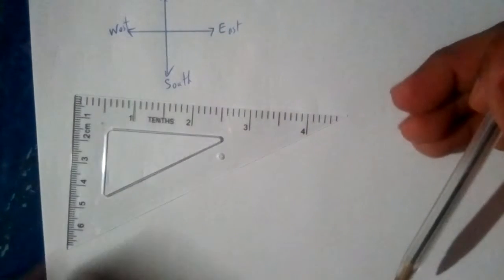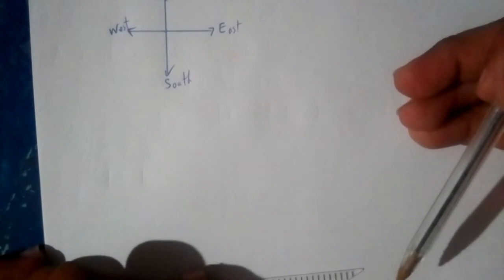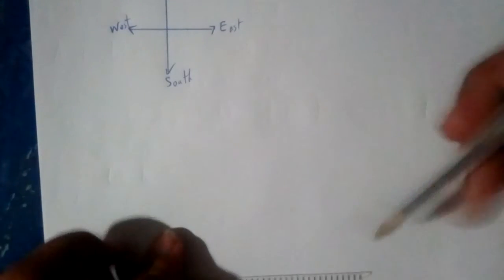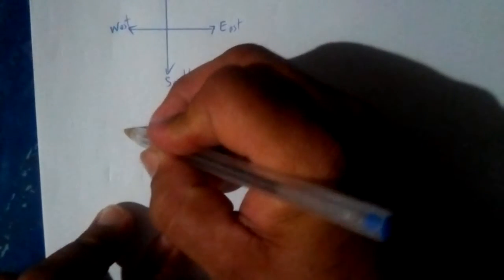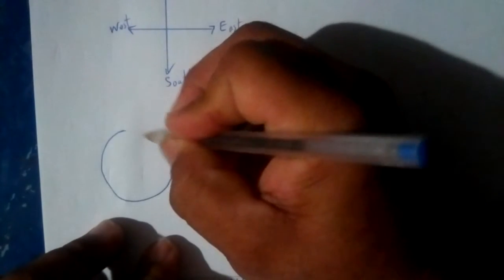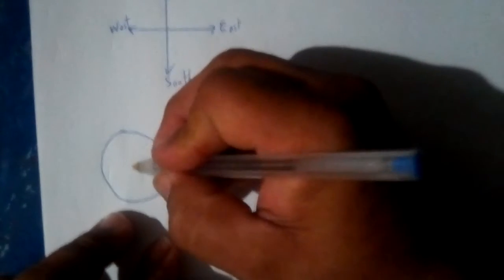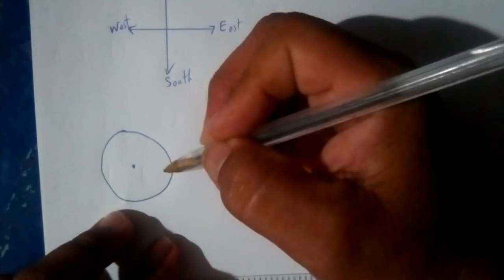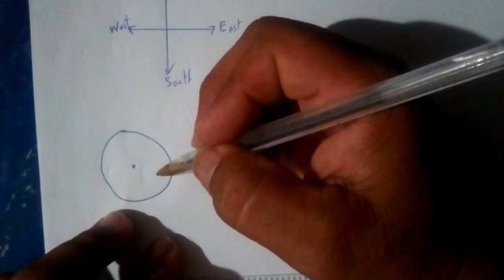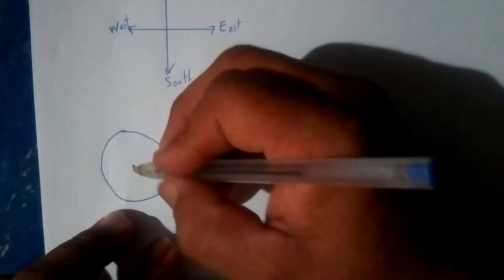All right, and let's say this way. If you stand at a point, at a particular point which is the center, so I'm going to do it roughly here. That's our circle. Consider it to be perfectly circled, which is not. Nevertheless, that's our center. And let's say you are facing south.